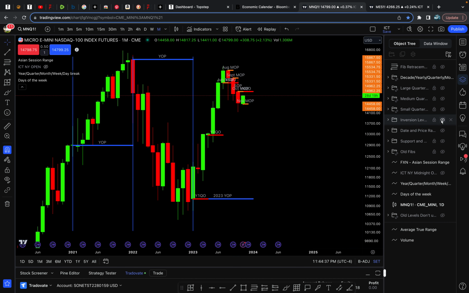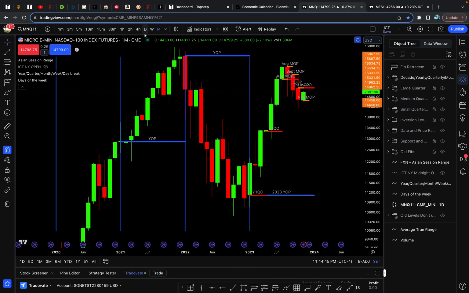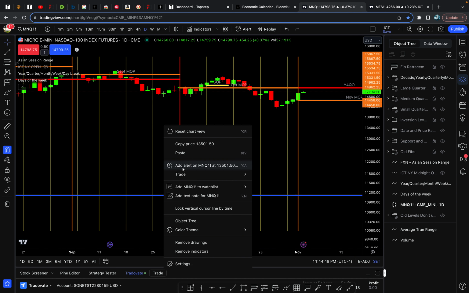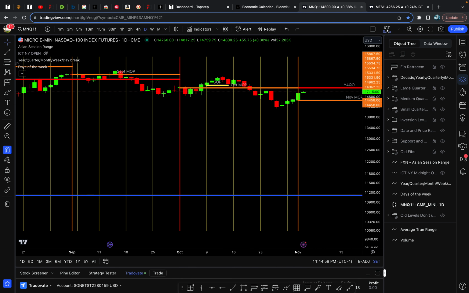Where's that? Is that one inside there? Okay, cool. Hide those for now. Okay, let me zoom in. I do not want to accidentally enter a trade right now because I'm not trading. That would not be good.